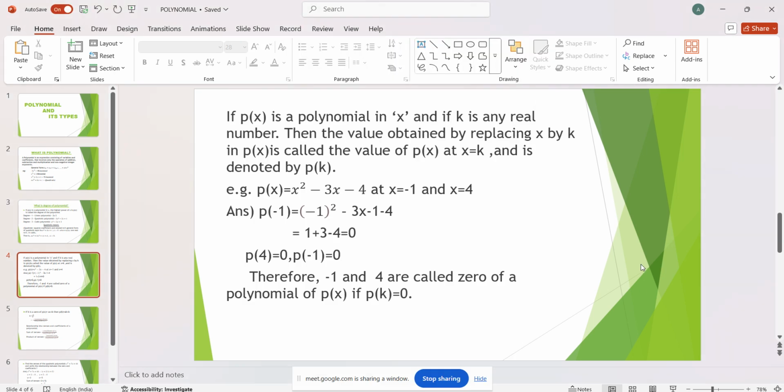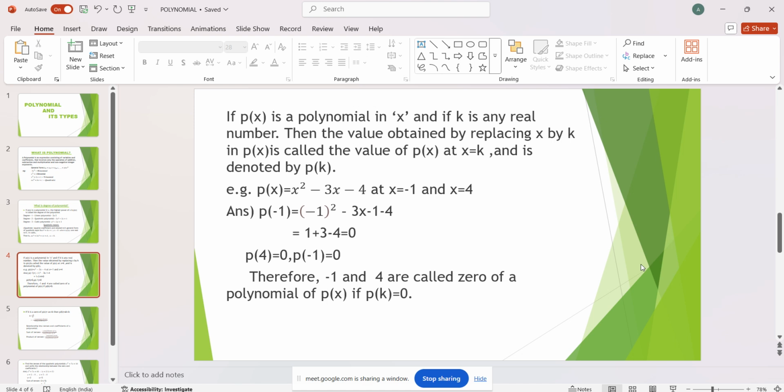Therefore, minus 1 and 4 are called zeros of the polynomial. That is very important. Minus 1 and 4 are called zeros of the polynomial p of x if p of k equals 0.